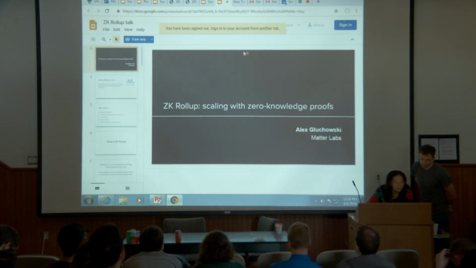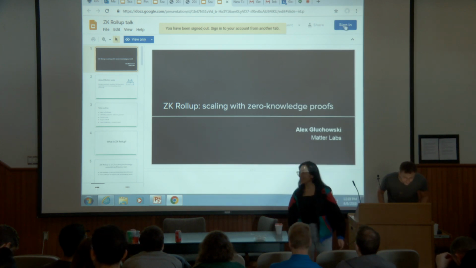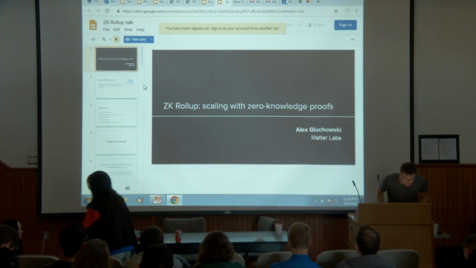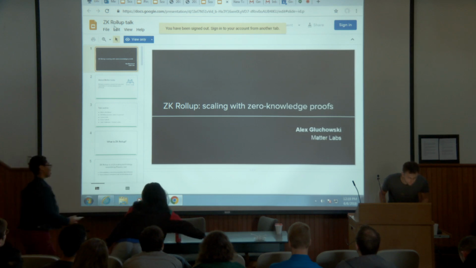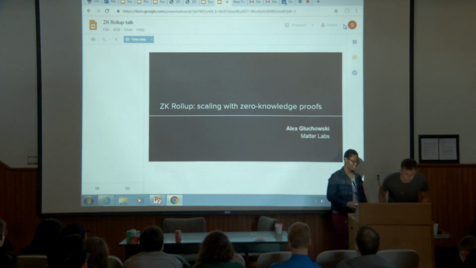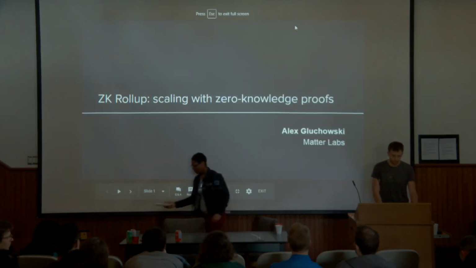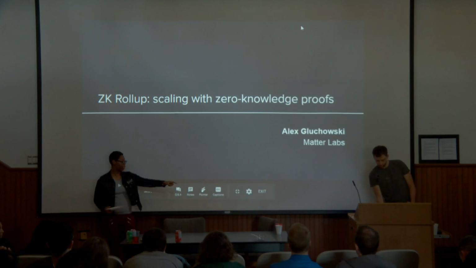Oh, that's it? Perfect. Literally just clicked a random tab and it was it. So how do I make it present? Sign in. Okay. This is the last talk for today. And then click present. Perfect. And then just click, right? Or you can use the keyboard.